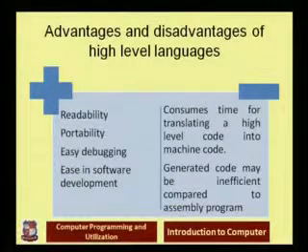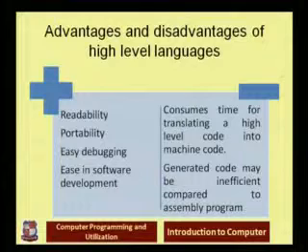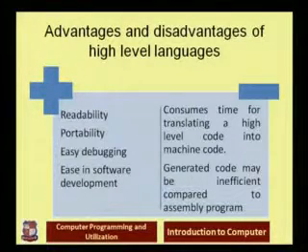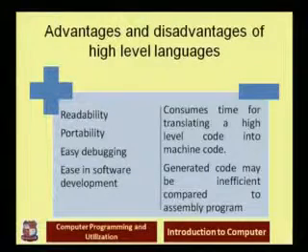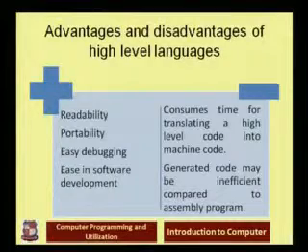Now we will discuss the disadvantages of high level language. When we use a high level language, it consumes time for translating the high level code into machine code. We have written our program in high level language code, and when we want to take output, we have to translate it into machine code.